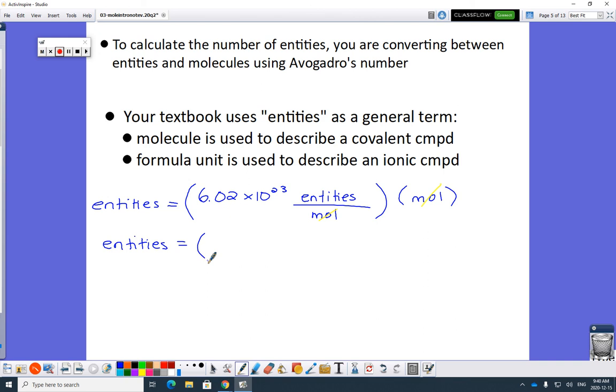We can write this as a formula. I'm going to use this symbol, capital NA. It's on the first slide in your note. And then the symbol for moles. You can also write a triangle.